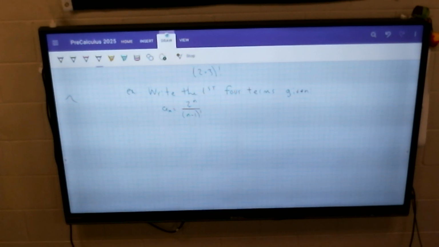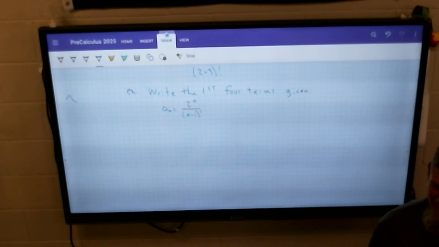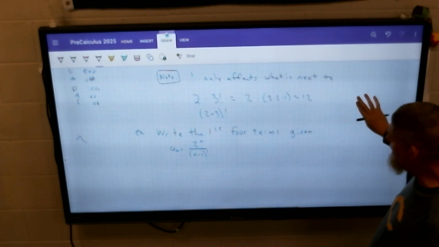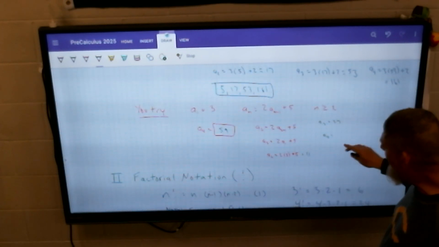No. Why is it not recursive? Think about 2 to the n over n minus 1 factorial. Think about recursive. What did recursive have in its equation?